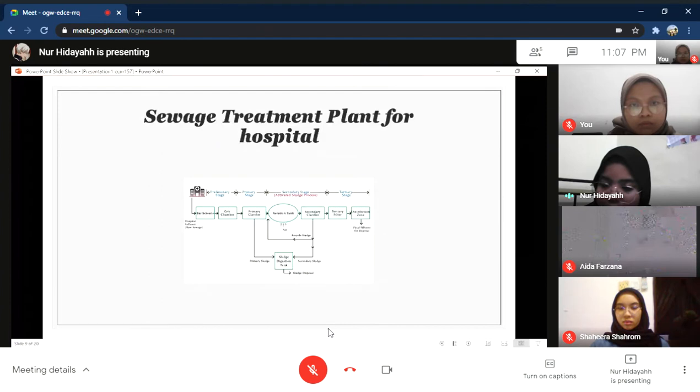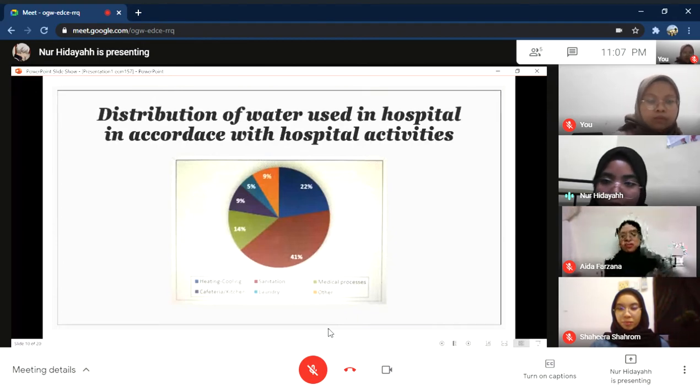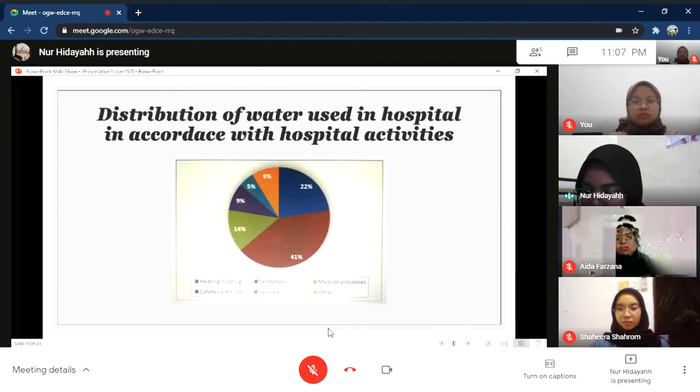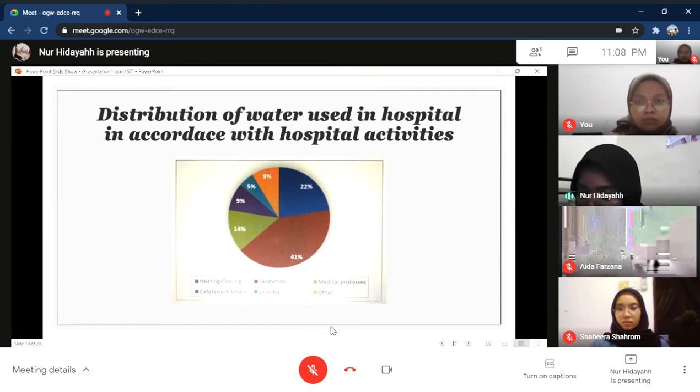And lastly, I would like to talk about the distribution of water use in hospital in accordance with hospital activities. So, water management in hospital. Water is of crucial importance in hospital in terms of health and hygiene.